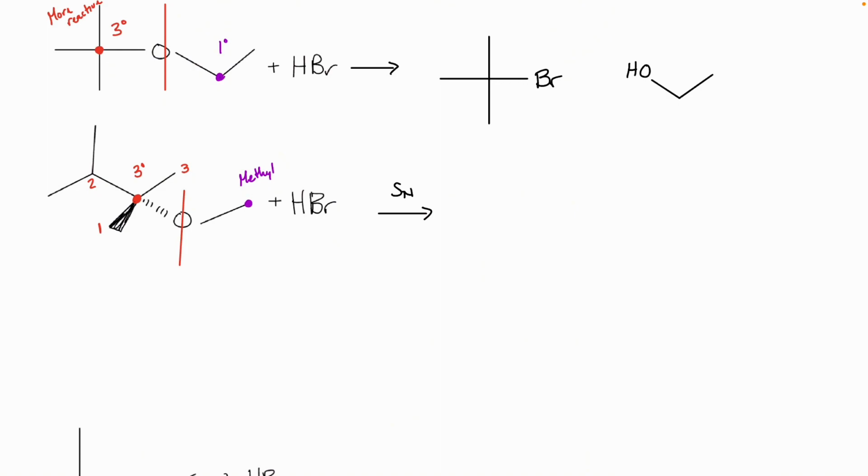I didn't make the rules. Okay, so because that tertiary half is more reactive, it's going to have that halogen on there. But again, I'm going to draw both possibilities.